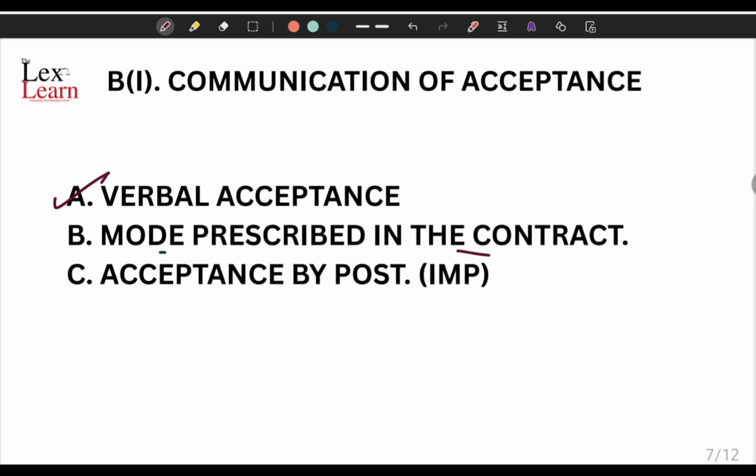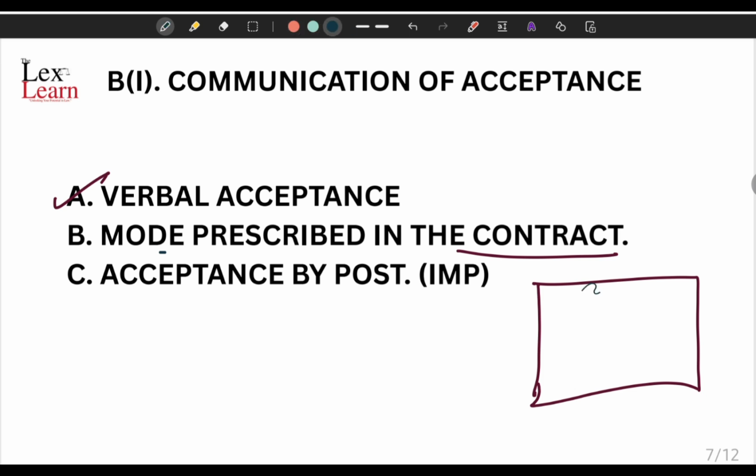The second one is the mode prescribed in the contract. This is a very commonly used communication of acceptance by official organizations. Let's say that you have got NLSIU Bangalore as your college in counseling. NLSIU Bangalore sends you an offer letter to join their college, since you have got a CLAT rank below 100.